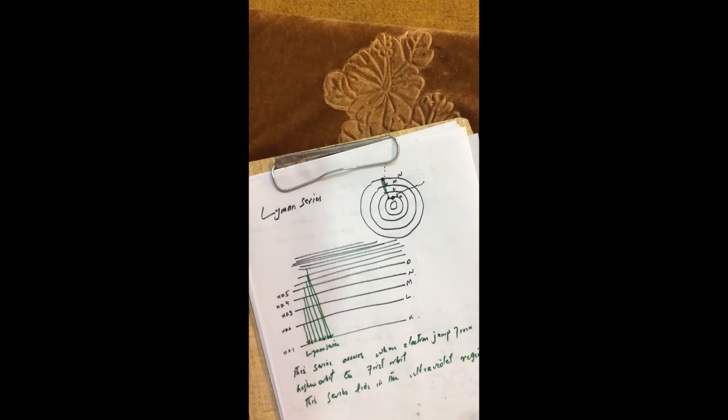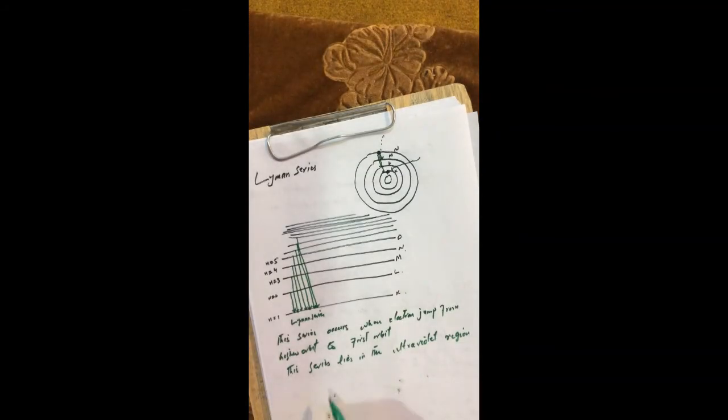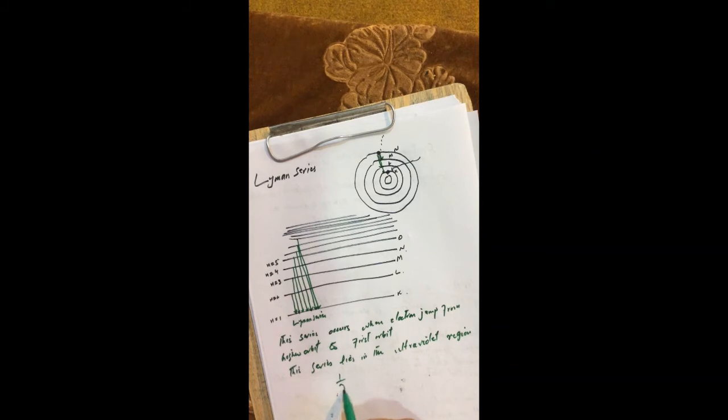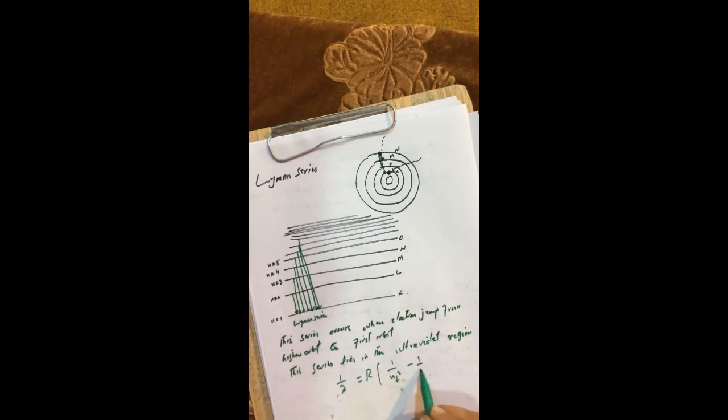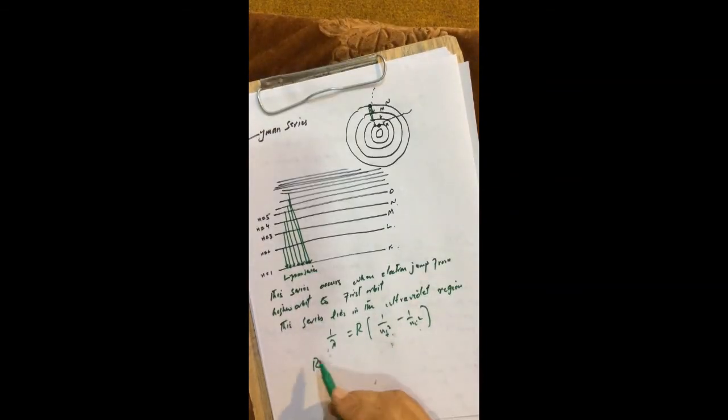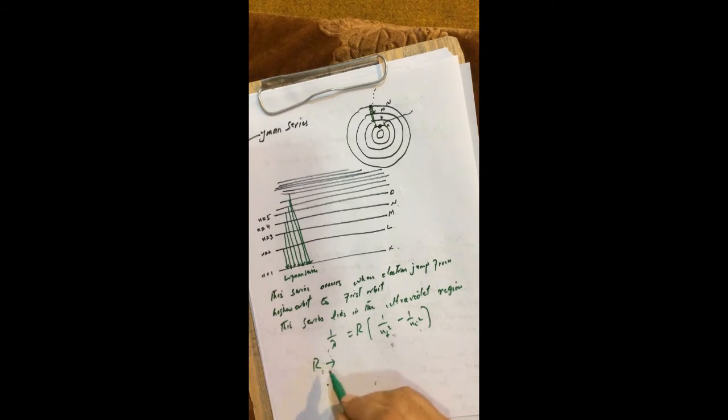Now we have a general formula for the spectrum of hydrogen: 1 over lambda is equal to R times (1 over nf square minus 1 over ni square), where R is called the Rydberg constant.